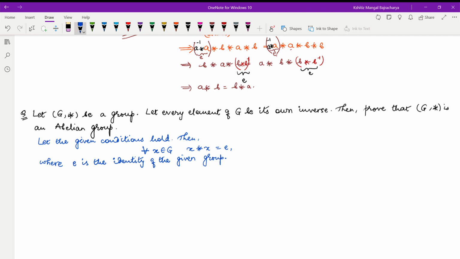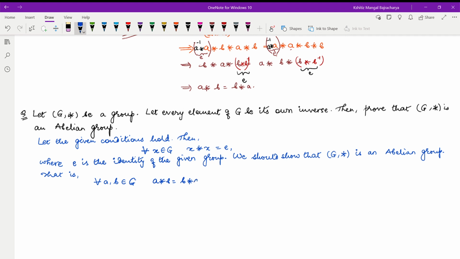Now we should show that G star is an abelian group. And then that is, what should we show? That is, we should show that for all A, B belonging to G, as per the definition of the abelian group, A star B is equal to B star A.